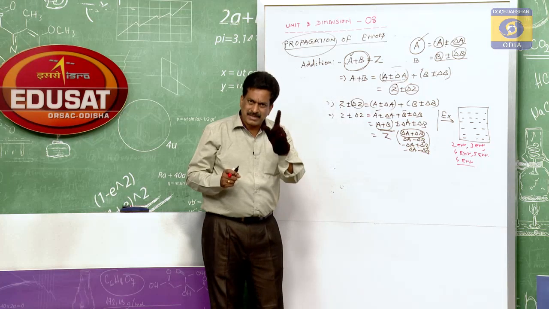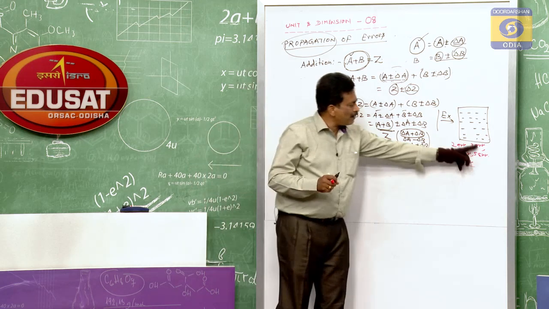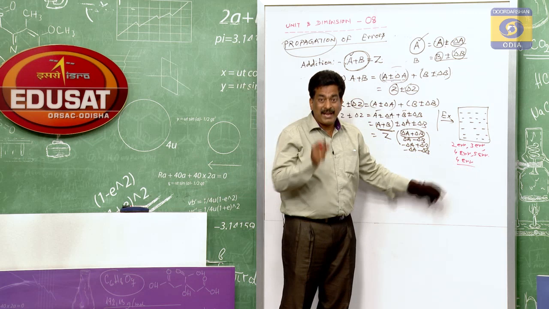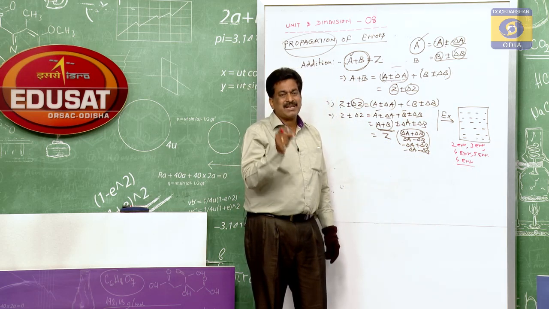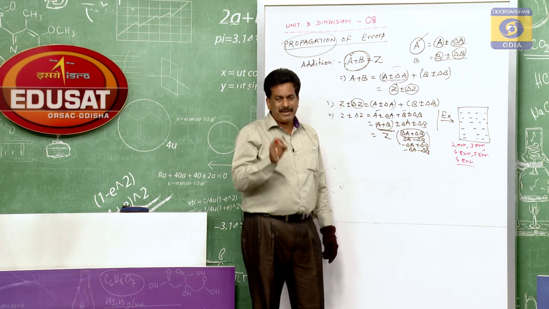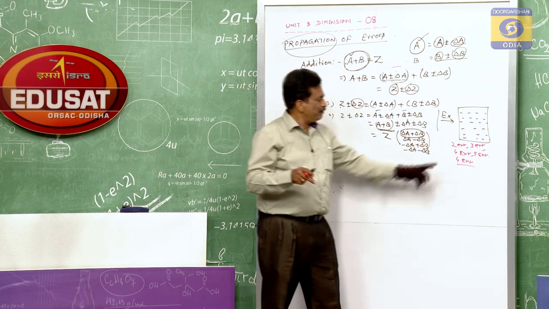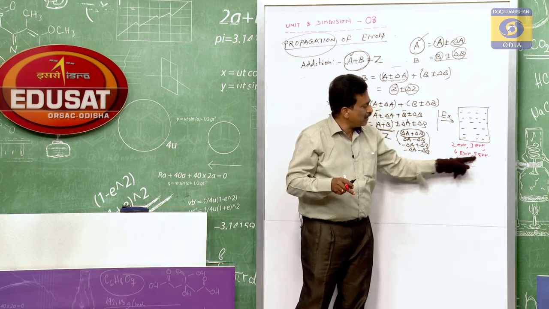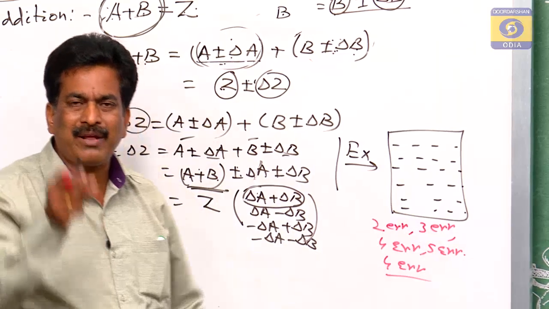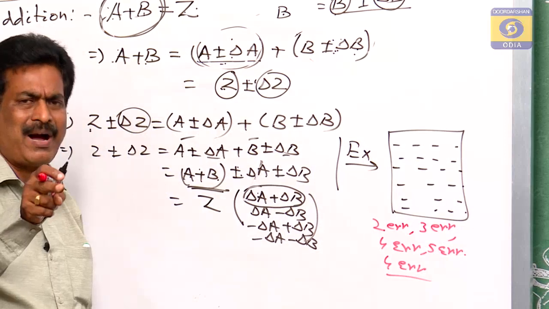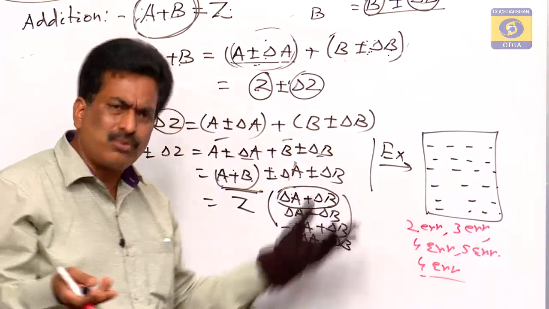So, if the 5 persons are evaluating the same copy and they have shown such errors, which evaluator will we say is evaluating correctly? The one who has detected more errors. If 5 errors are detected by one person, within those 5 errors these 4 errors will come, these 3 errors will come, these 2 errors will come.